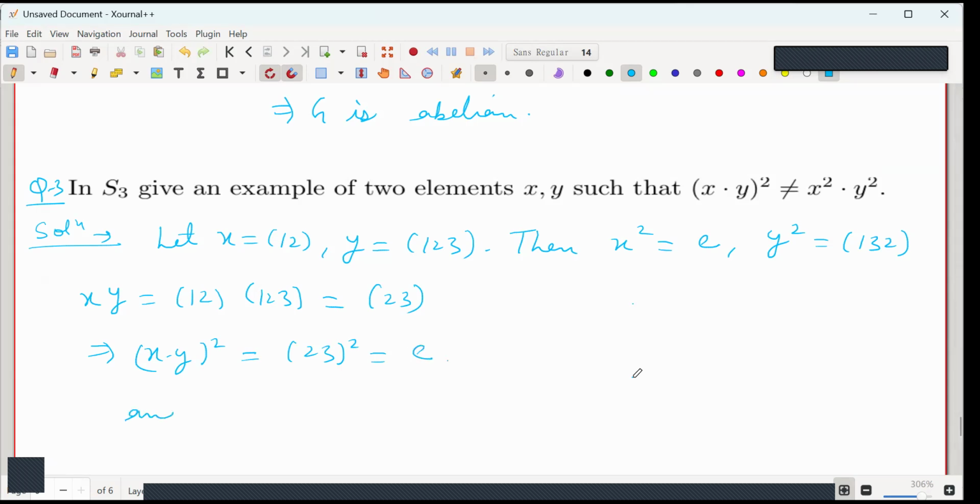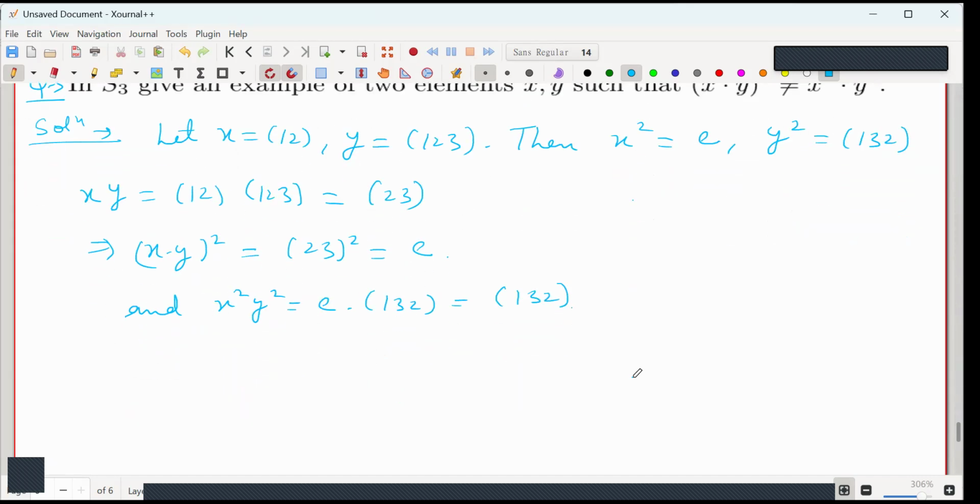And X squared Y squared is identity times (1 3 2), which is (1 3 2). So clearly they both are not the same, right? So good. You came up with the right example.